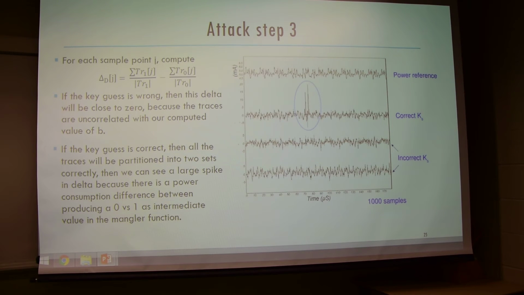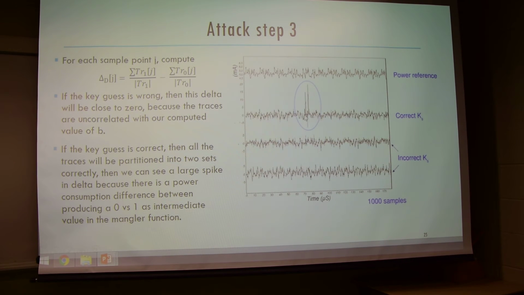If the key guess is correct, then all the traces will be partitioned into 2 sets correctly. Then we can see a large spike in the delta because there is a power consumption difference between producing a 0 versus 1 as intermediate value in the modular function.